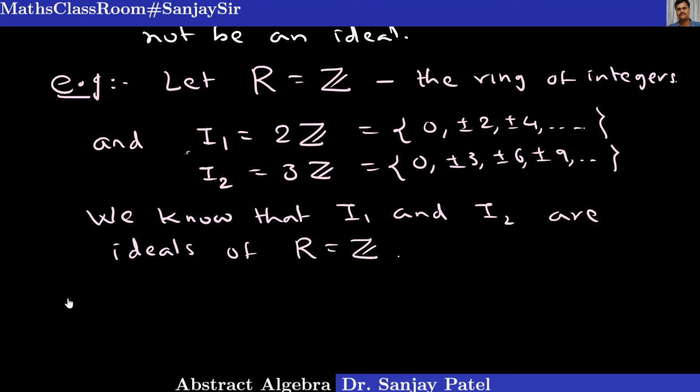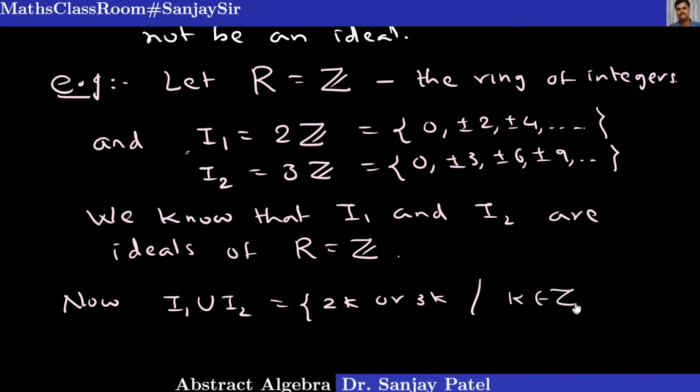Now I1 union I2. I1 union I2 means all elements which are either in 2Z or in 3Z, which are either a multiple of 2 or a multiple of 3. So it is either 2k or it is of the form 3k, where k is some integer, k belongs to Z.